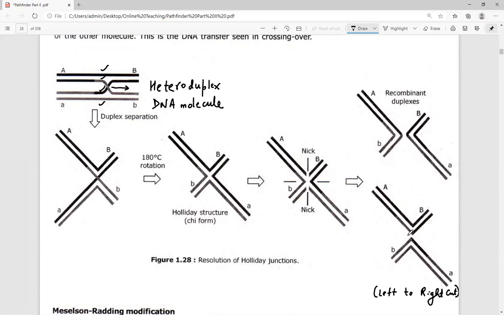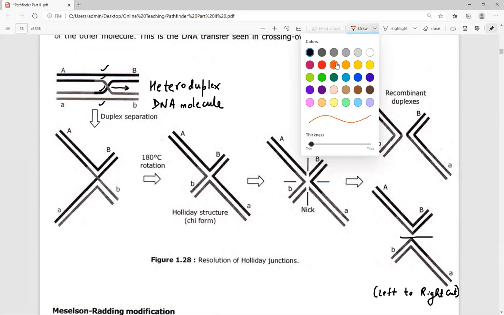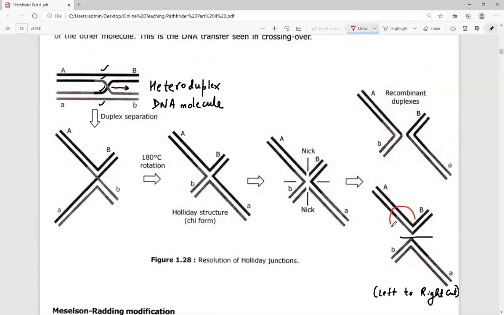So you can look here. When this is the cut which has been made, then only this center part is being exchanged. I'm just marking it with the help of another color. You just have to look at this particular part. See this, this is the part that has been exchanged.